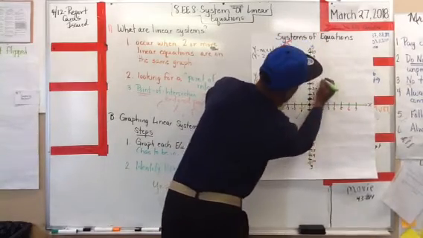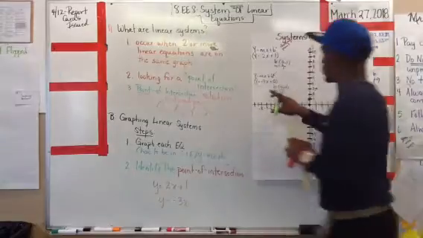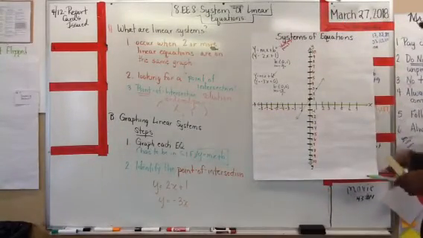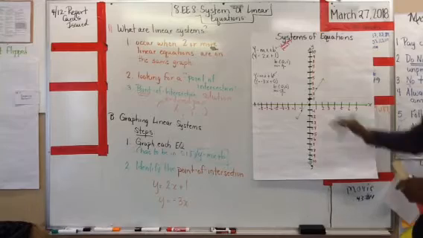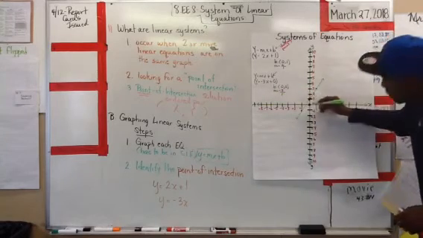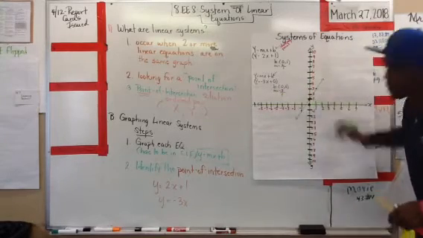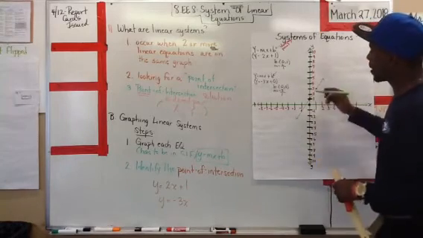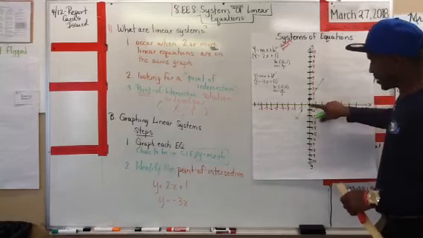Okay, there's that line. Now graph this one: y equals negative 3x. There's no need to say plus 0; the 0 is implied. My y-intercept is 0, 0, that's our origin. Apply the slope. Go back to the y-intercept.